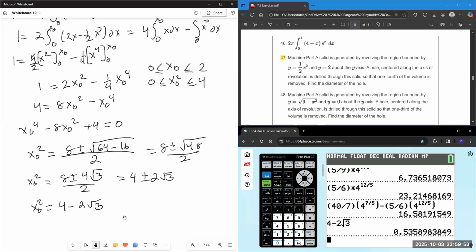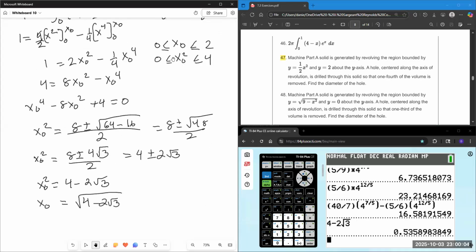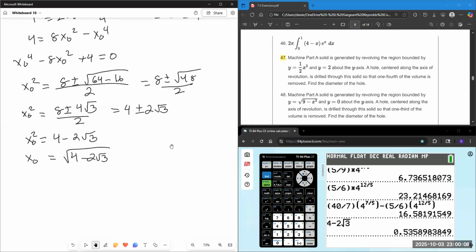So now our x naught is going to be the positive square root of 4 minus 2 root 3, because x naught has to be greater than 0, and so I can't have the negative option there. And I actually wanted the diameter, not the radius, so I need to multiply by 2 to get my final answer.